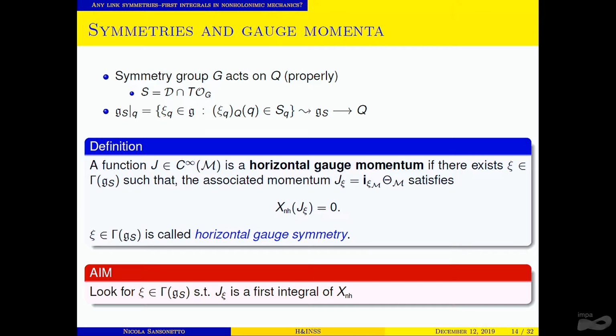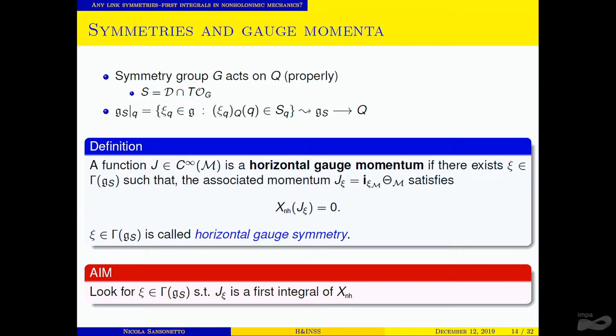This allows us to introduce this bundle, whose fibers are given by the elements of the Lie algebra at point q, such that the infinitesimal generator lies in this distribution S. Okay?